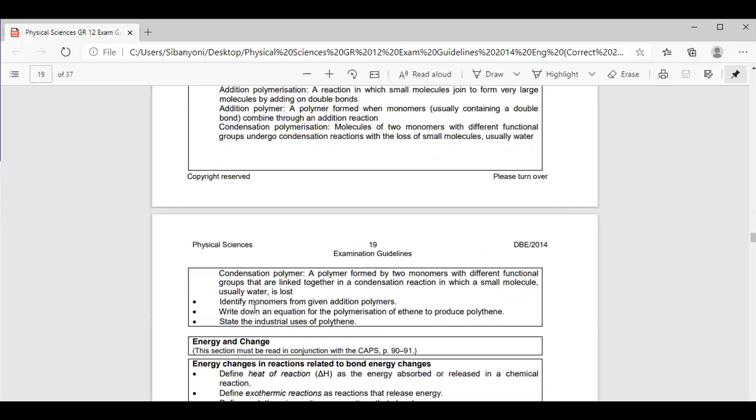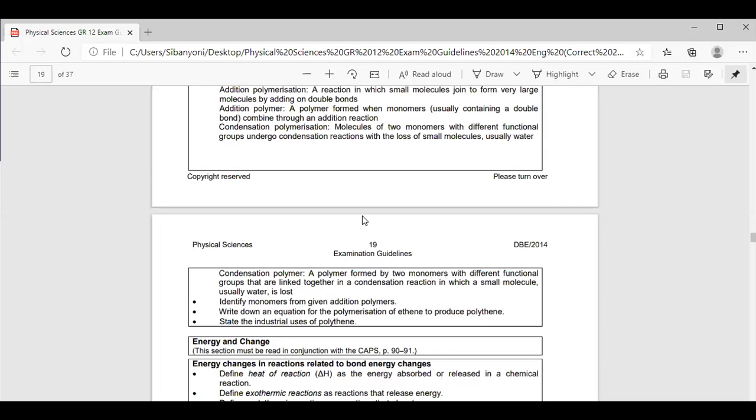We must be able to write down an equation for the polymerization of ethene to produce polyethylene, and be able to state the industrial uses of polyethylene. Are we together? So, my dear learners, this is essentially what we need to know in terms of examination guidelines.